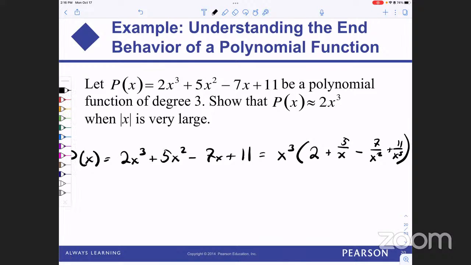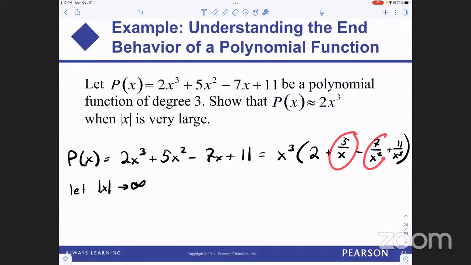Now let the absolute value of x get very large, or go to infinity. Then the following thing happens.